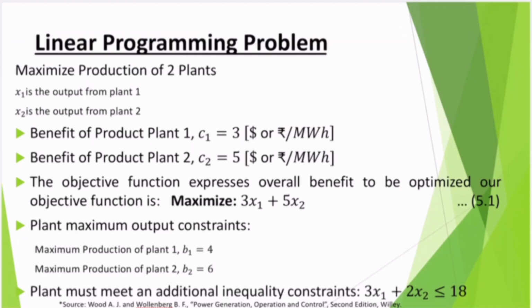So probably, let's say I have to maximize the production cost of two different plants with 3x1 plus 5x2 as my objective function, and with different constraints, there could be equality or inequality constraints. If I say one of the inequality constraints is 3x1 plus 2x2 less than or equal to 18, then we'll try to solve this problem to the best of our capabilities.